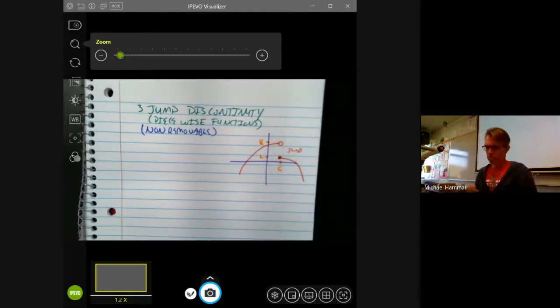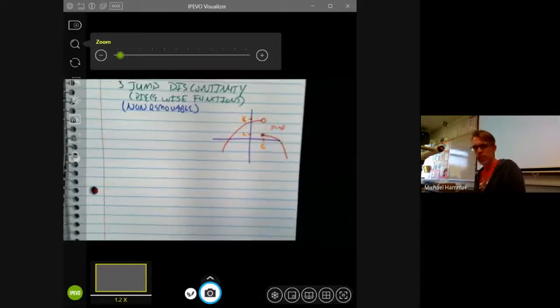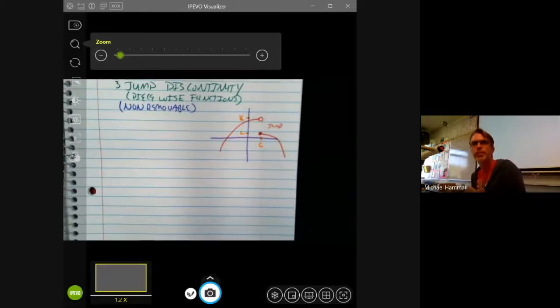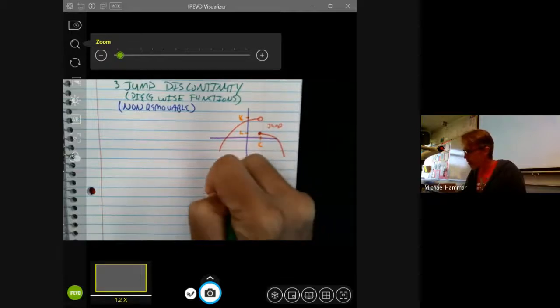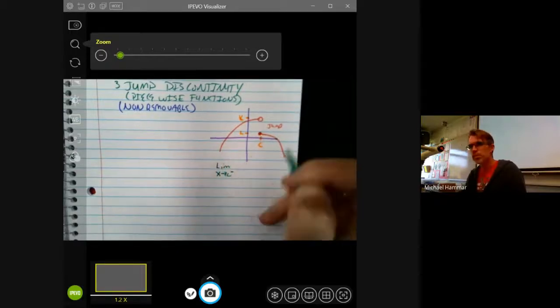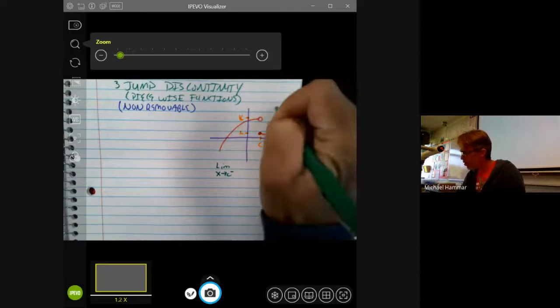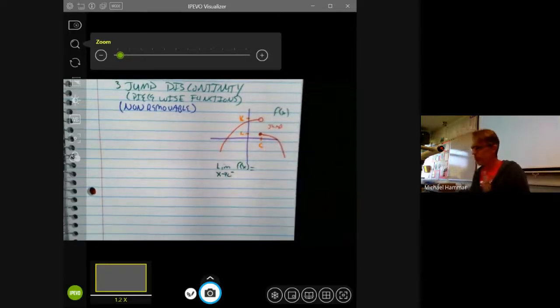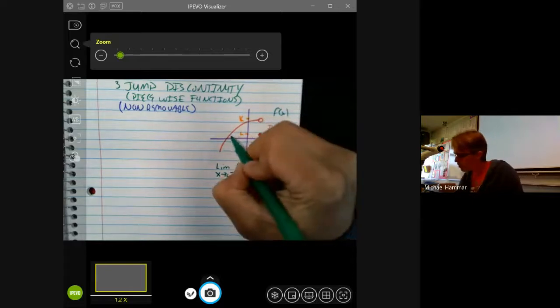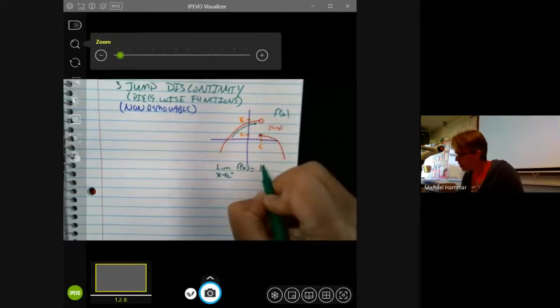Okay? So let's take a look at a jump discontinuity in terms of the definition of continuity. So if we take a look at the limit as x approaches c from the left of our function f of x, notice as we approach from the left, the value is k.